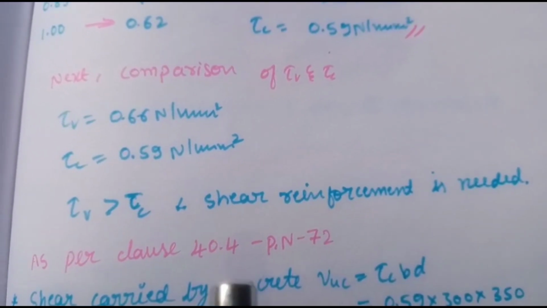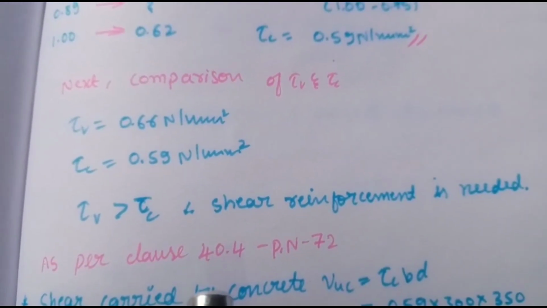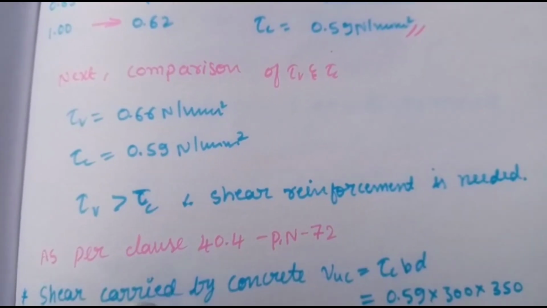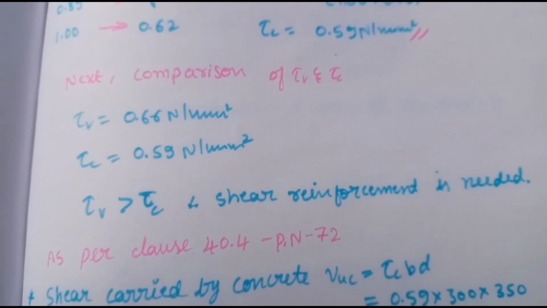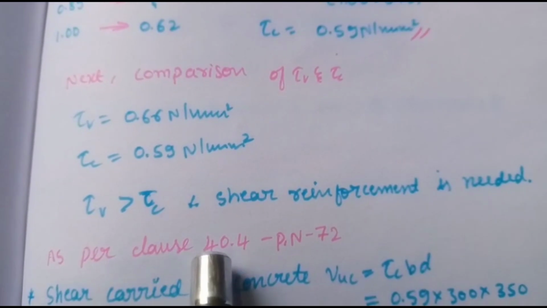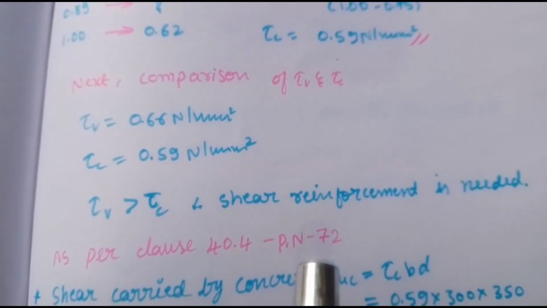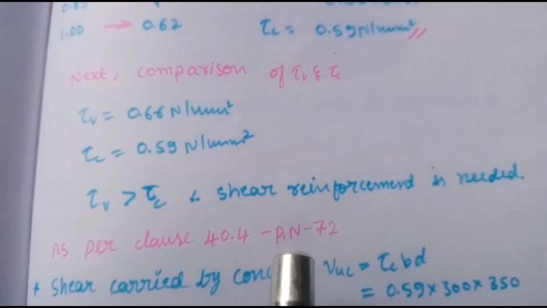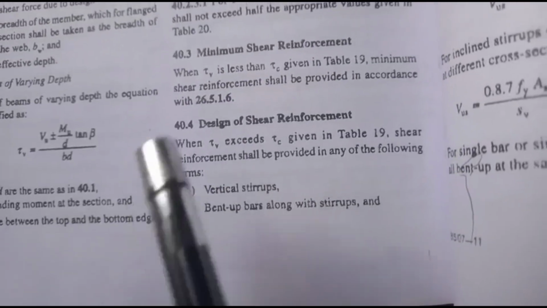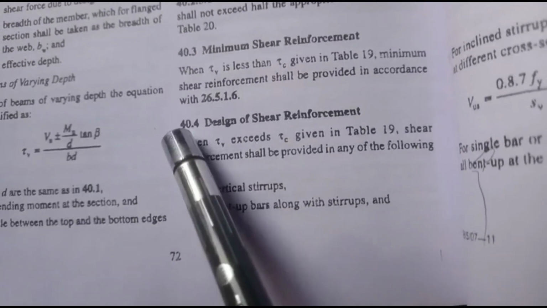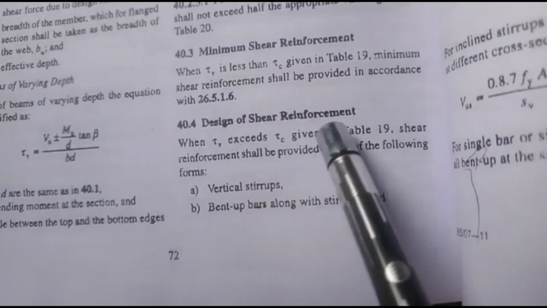For calculation of the shear reinforcement, again we'll go for the IS 456 2000 code book. As per clause 40.4, page number 72, we'll see what it says. Page number 72, clause 40.4, design of shear reinforcement.